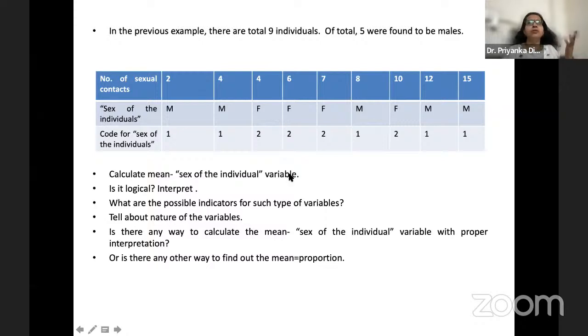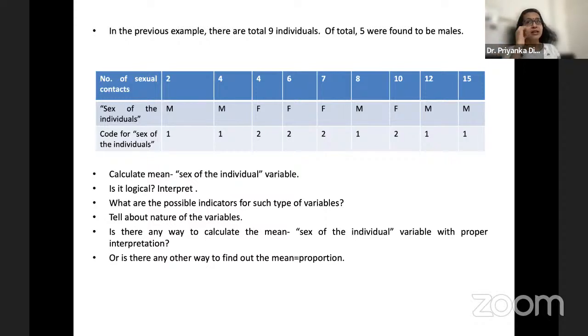We are not in a position to calculate the mean. But if you give the instruction in any software, it will calculate, irrespective of whether your data is a scale variable or a categorical variable.